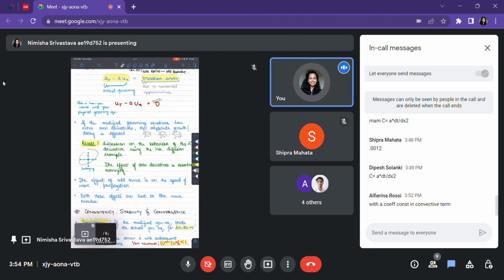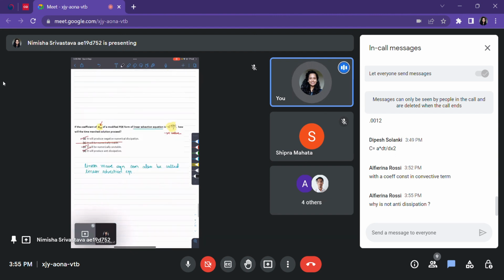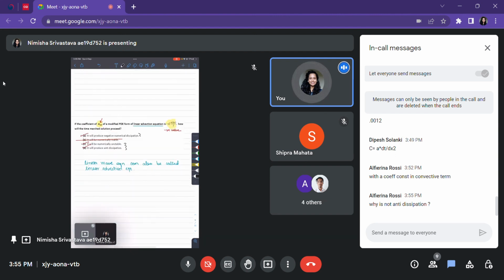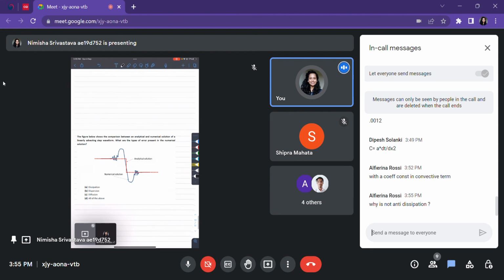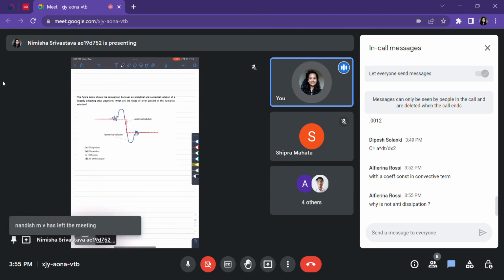So it is anti-dissipation, also called negative dissipation. There are three correct options: A, C, D. These are just the terms for it.